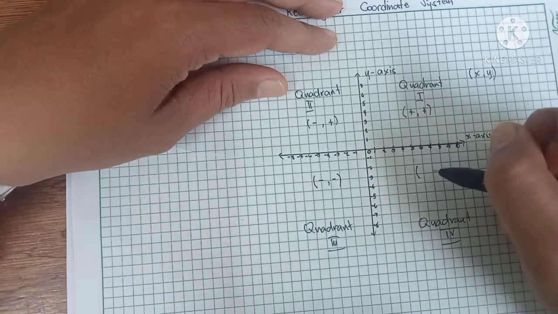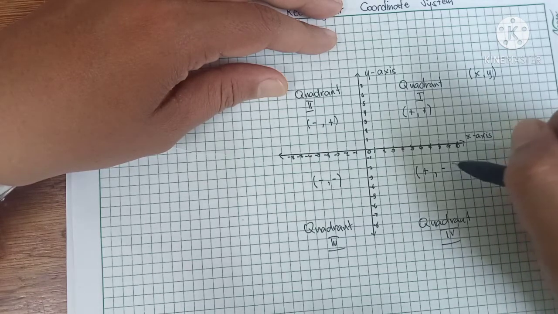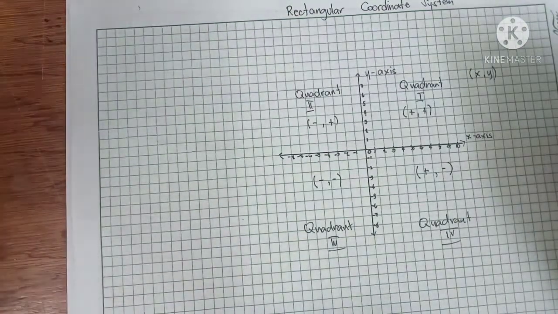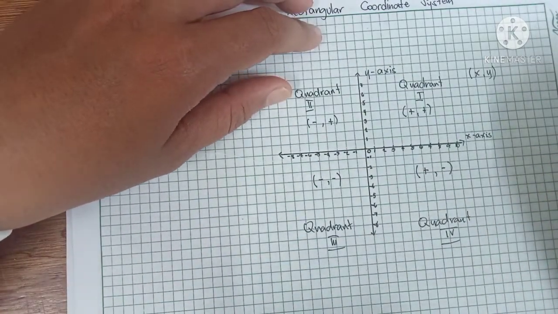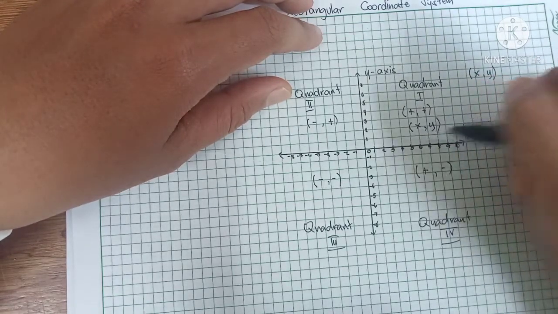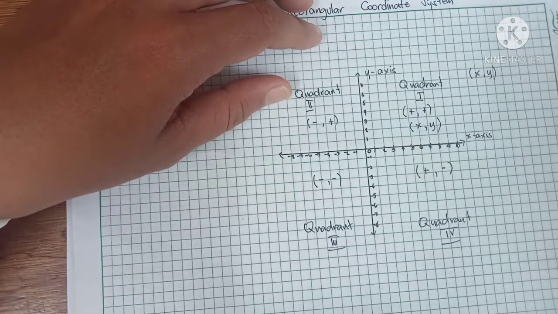And in quadrant number 4, x is positive and y is negative. Or we can write that as a representation using our x and y variables. Here is x and y, so therefore positive x and positive y.